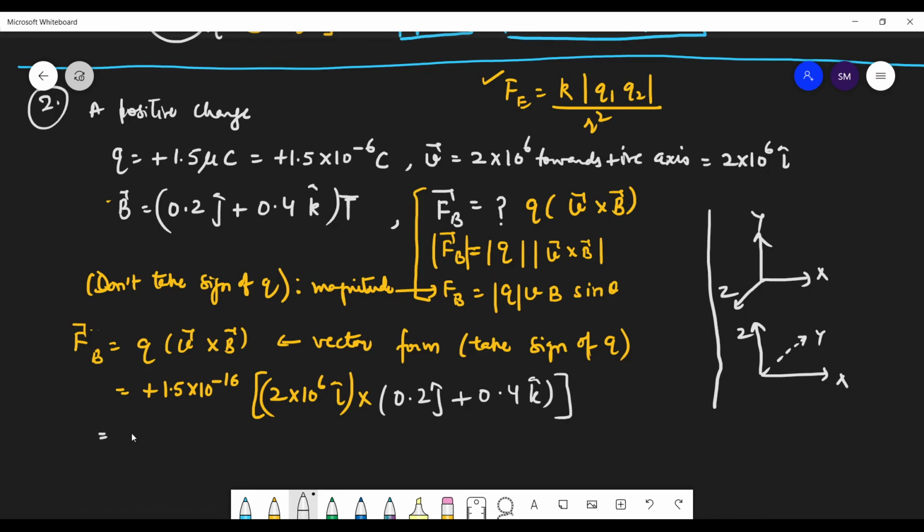Okay. So what is it equal to? You can take this outside, not an issue. So this multiplied by this, what do you get? 1.5 into 2 is 3 and 10 to the power 6, and this is your 10 to the power minus 6, right?